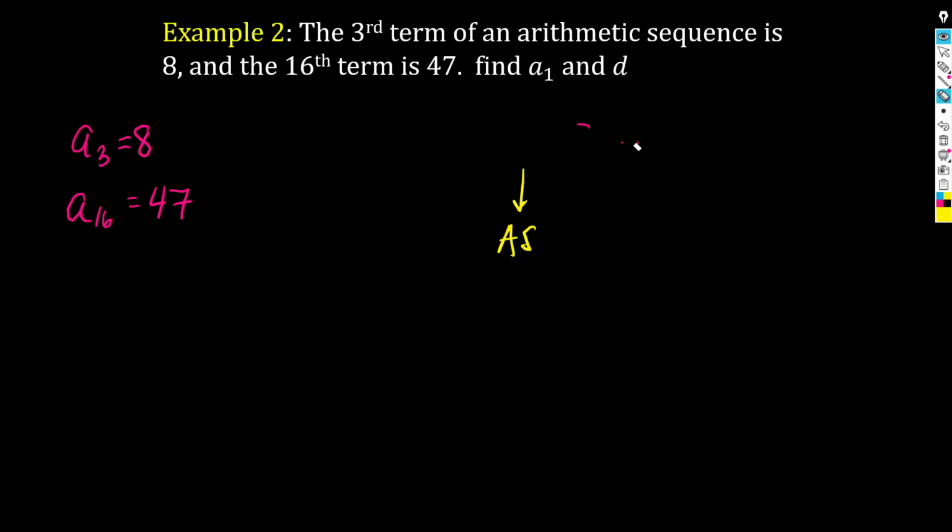So to use that idea in answering this particular example, we can imagine that instead of having a third term and a 16th term, what if I imagine a sub 3 to be for now my a sub 1? Kumbaga, instead of having 8 as the third term, sisimulan ko yung pagbilang mula dun sa term na yon sa 8.